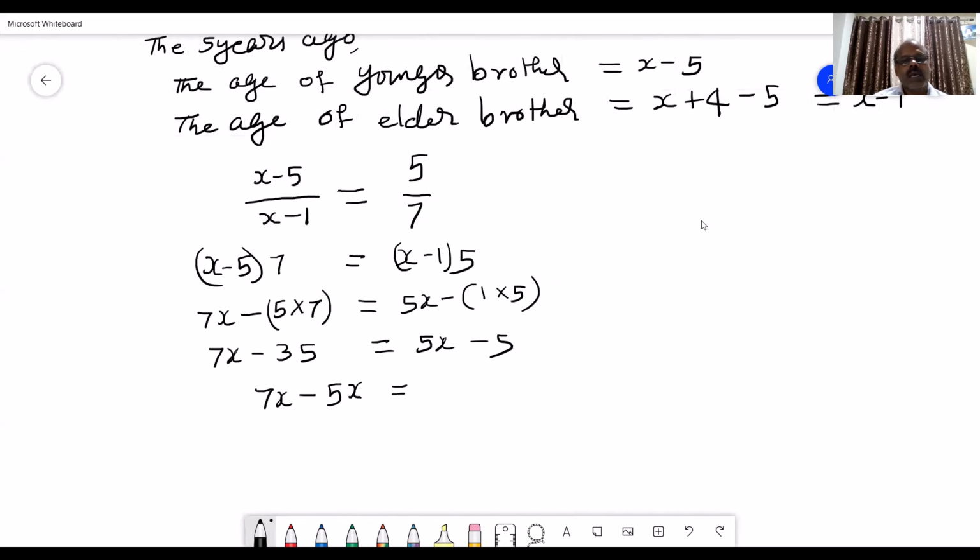The minus 35 on the left side we move to the right side, where we have minus 5, so on the right side it will be plus 35. So we are going to get 30. Here 7X minus 5X is 2X, equal to 30.